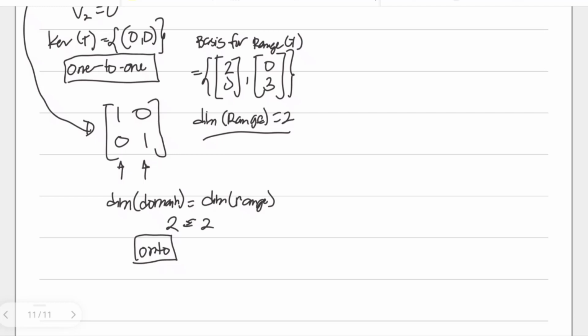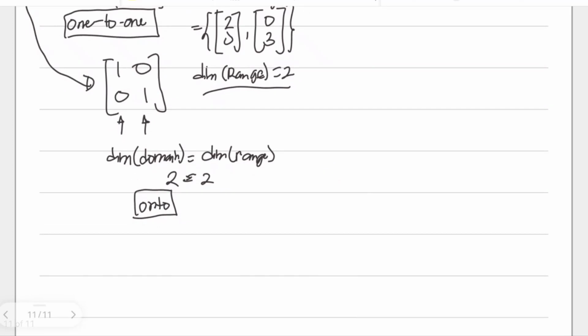Okay? So this is how we show one-to-one and onto linear transformations. But of course, with these two ideas, let's just insert the idea of isomorphism. This is only established if both are satisfied, one-to-one and onto linear transformation.